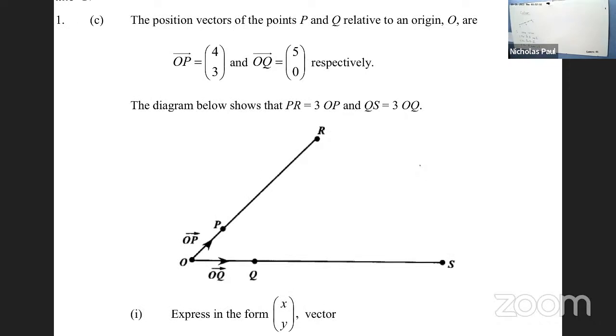Right, show that please. And let us start the question.